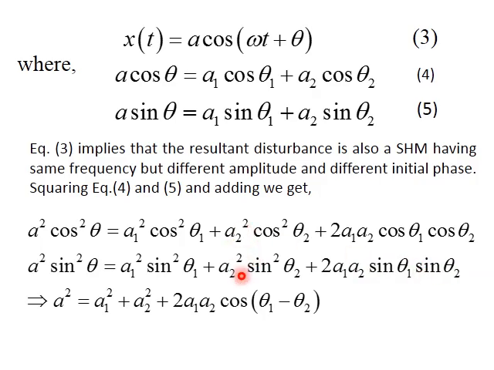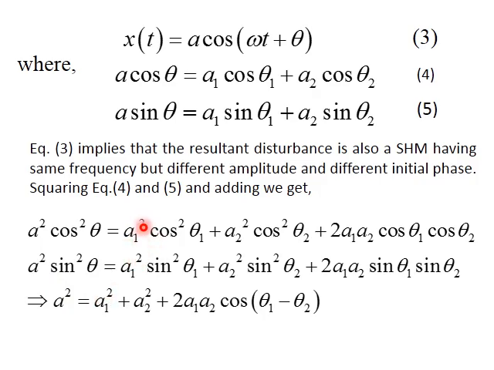Now if I add these two, the squares of 4 and 5, I'll have A²(cos²θ + sin²θ). As we all know, cos²θ + sin²θ is 1, so all that remains is A² on the left hand side.